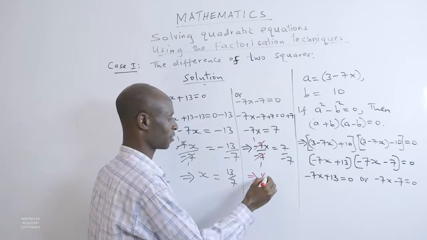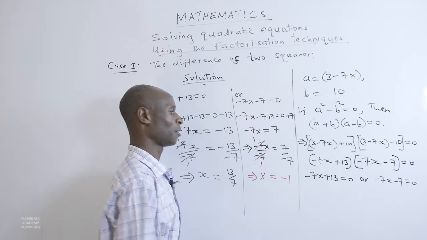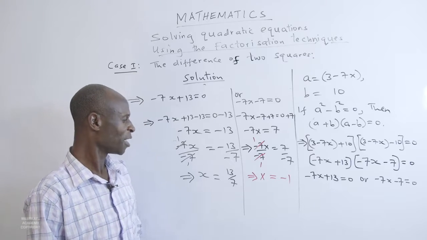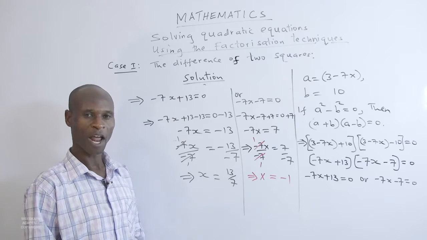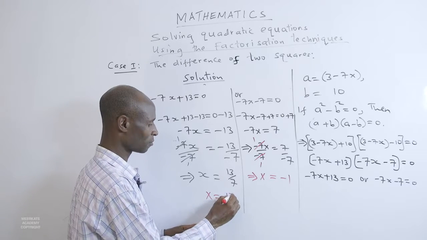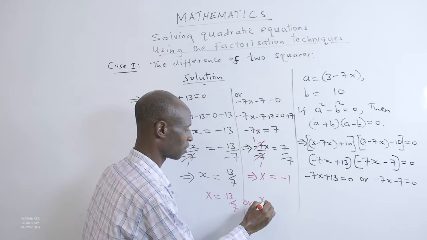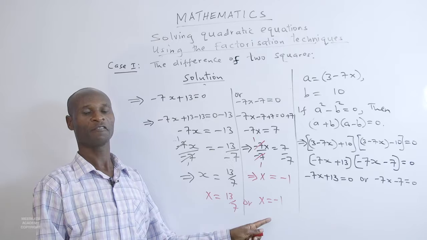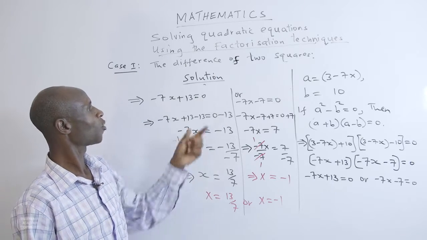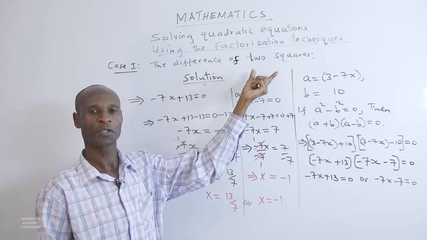So we have x equals to 7 divided by negative 7 is negative 1. Because positive divided by negative is a negative. So that means we have two values of x. So either x is equal to 13 over 7 or x is equal to negative 1. So that's basically how we can solve quadratic equation using the knowledge of the difference of two squares.